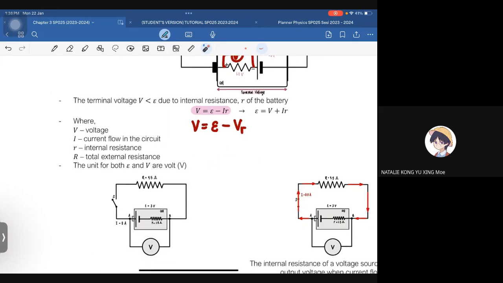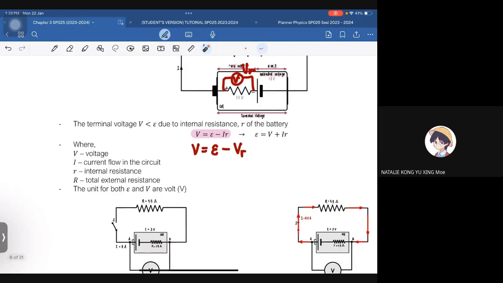Okay, so sekarang ni kalau kita mau cari EMF, kita just rearrange lah. V tambah IR. Kenapa dia tambah? Sebab yang ini unloaded voltage. So this is basically what the battery should supply kalau tiada current flow. Kalau tiada current flow, dia tidak akan ada kekurangan value of volt lah.